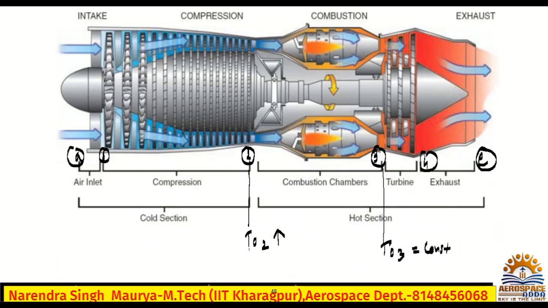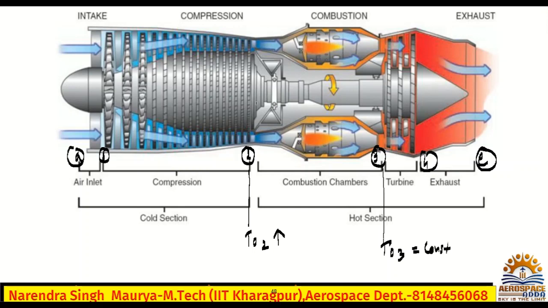Anyway, now check. They are saying T03 is constant. Overall, T03 is constant, meaning whatever the amount of thrust you are getting, that will be constant. You understood or not? Because whatever changes are there in the compressor don't affect the turbine inlet temperature. It means thrust will be constant in that case.